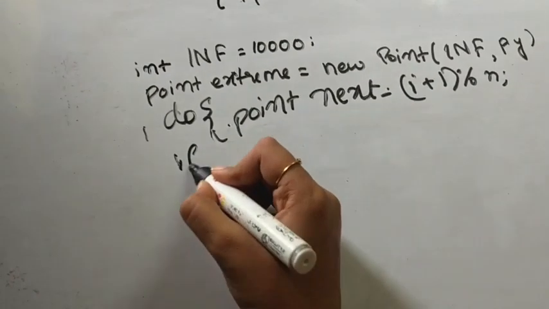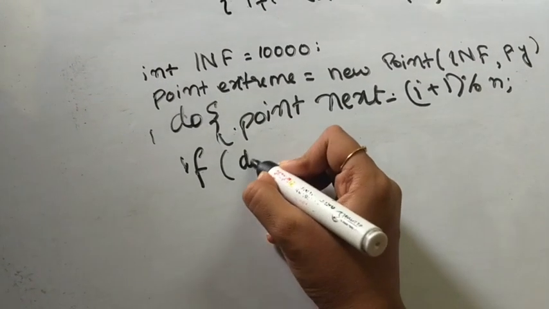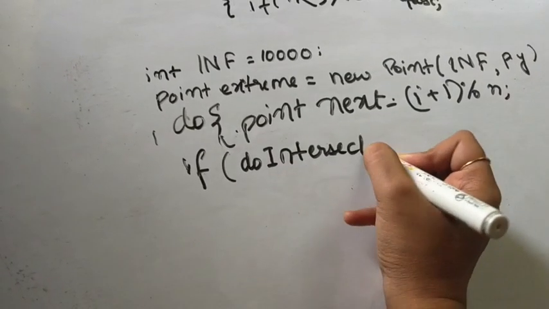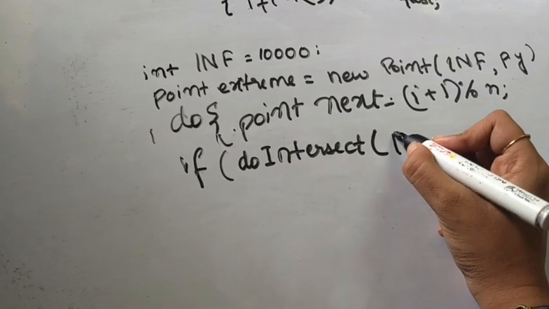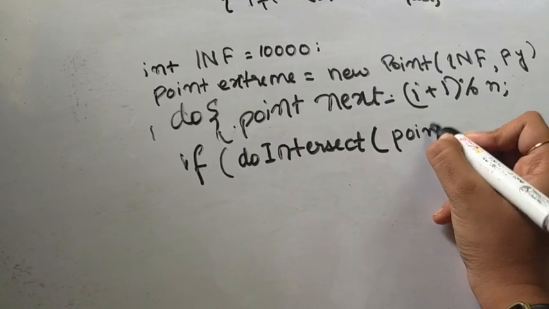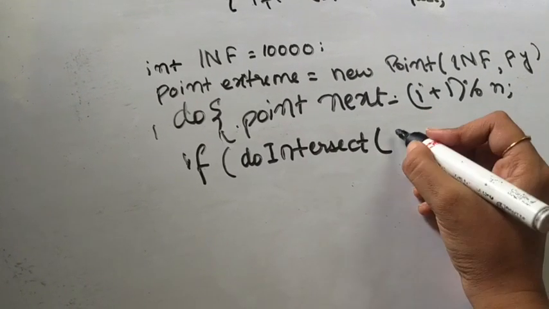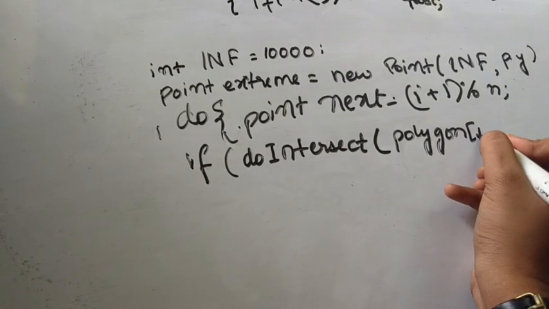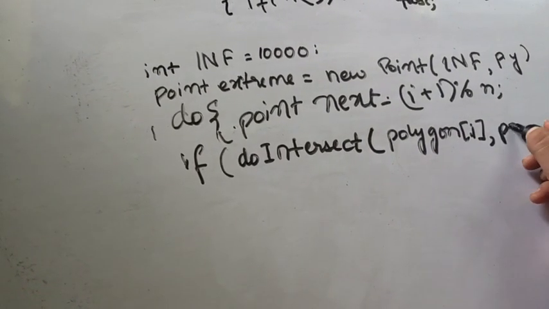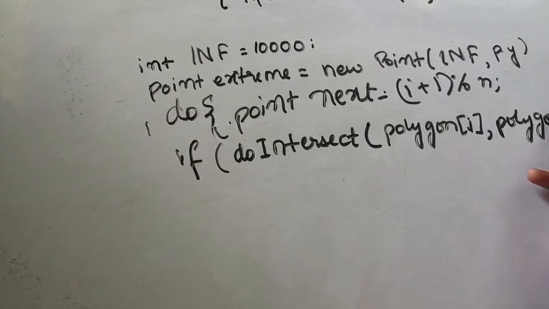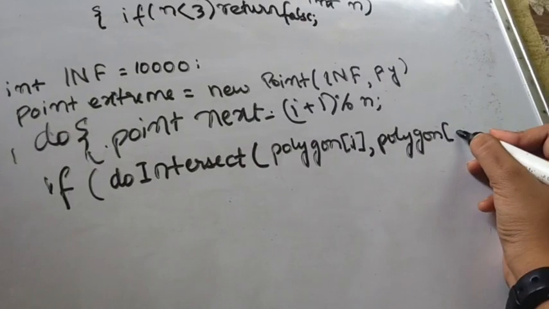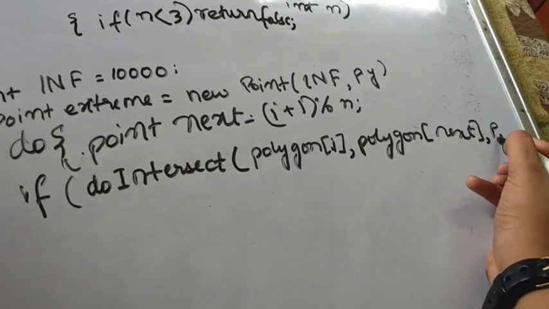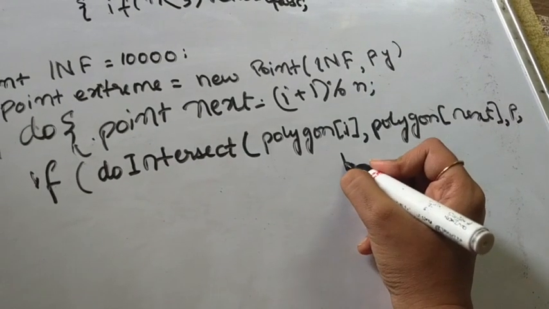So now I'm proceeding like, if doIntersect, and take these 4 points: polygon I, that is the ith point of the polygon, its next point, next, P, and extreme.